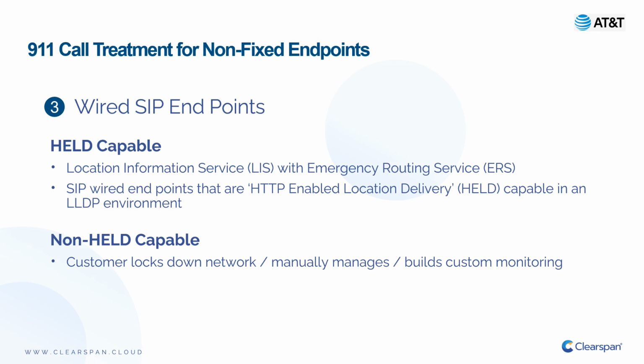The customer can also track location changes manually and manually provide updates via the ERS portal individually or via a spreadsheet. The last option is to build a custom solution to monitor and update location changes.